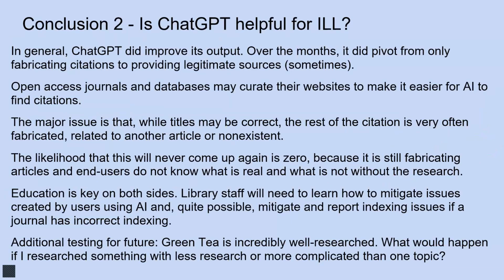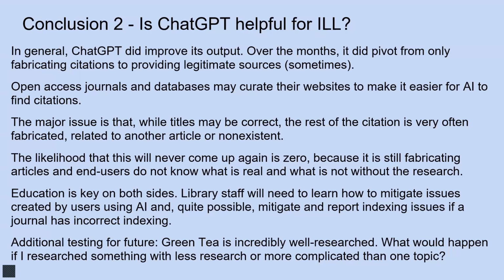The other part of ChatGPT is being helpful for ILL. It did improve its output, though part of that is likely because it now has access to PubMed. One of the interesting concerns is that open access journals and databases may curate their websites to make it easier for AI to find citations, since it did locate a couple that had how-to-cite sections, and of course PubMed allows you to cite in all sorts of formats.